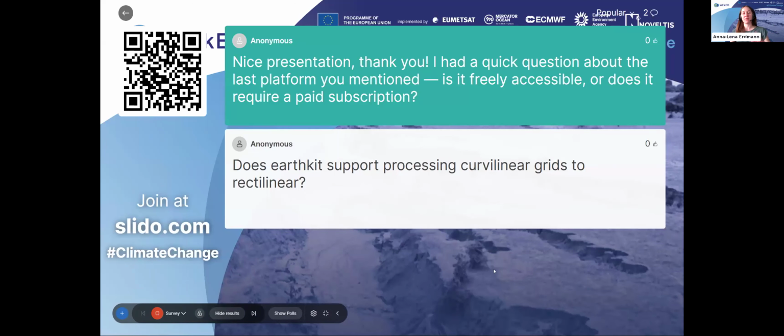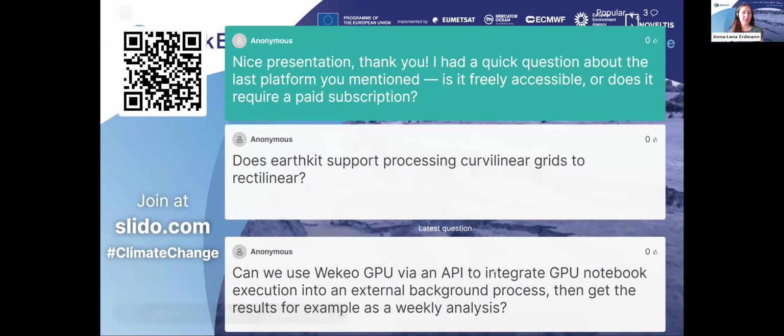For example, you have a research project at your university and you need one virtual machine with one GPU for three months, for doing, say, downscaling of climate data with machine learning. Then this proposal will be evaluated and you will get the resources, and it's also free. Once you're accepted in the innovation lab, it's free. Okay, thanks a lot.